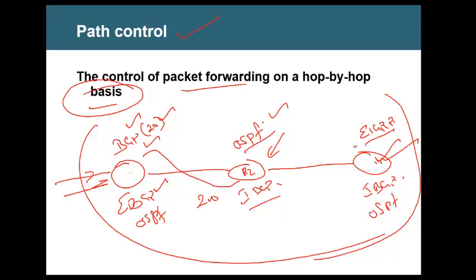When all these three provide a route for the same destination, administrative distance of EIGRP is only 90, whereas for OSPF it is 110. So router 3 is going to decide based on EIGRP.